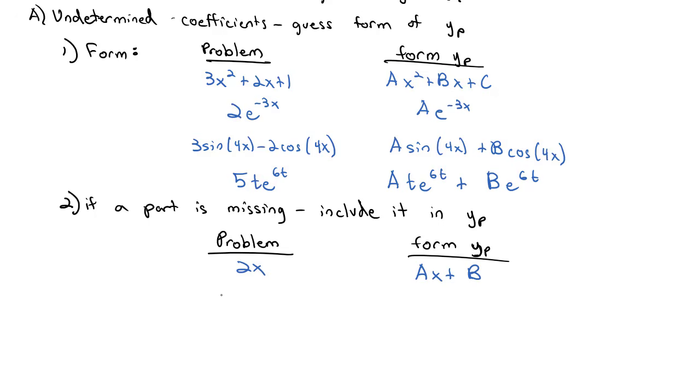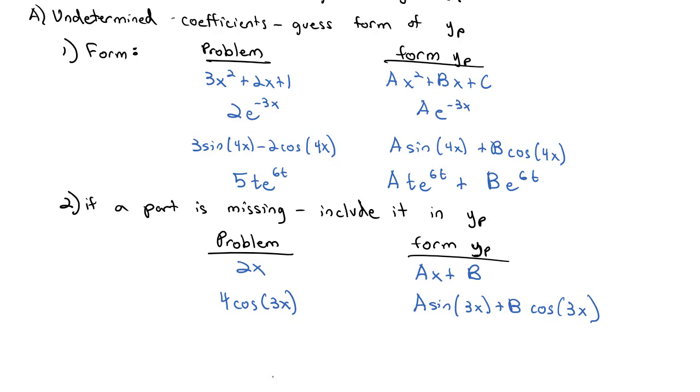If the problem only had maybe 4 cosine of 3x, it's missing the sine, but y particular might have the sine. So we would do a sine of 3x plus b cosine of 3x.